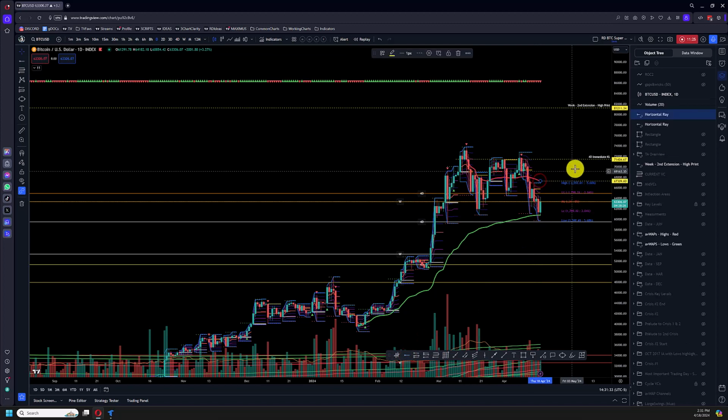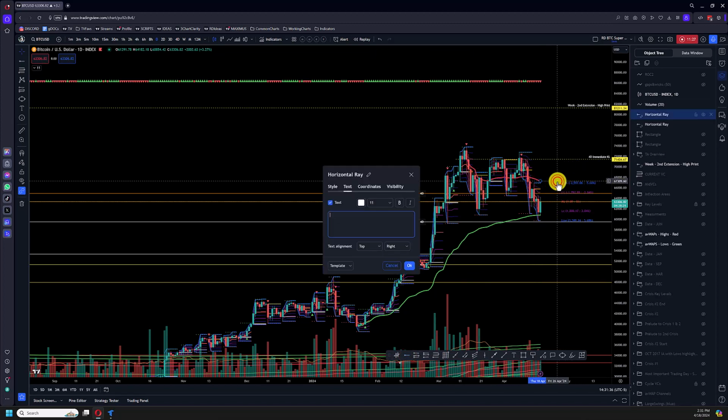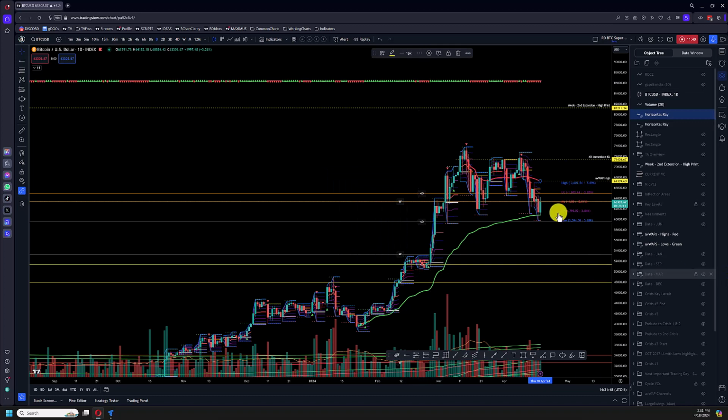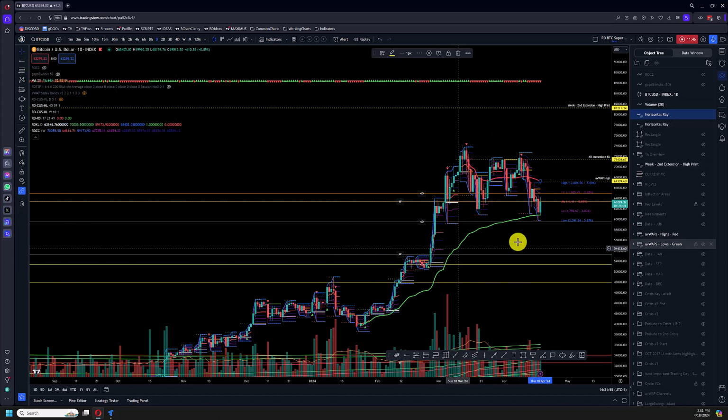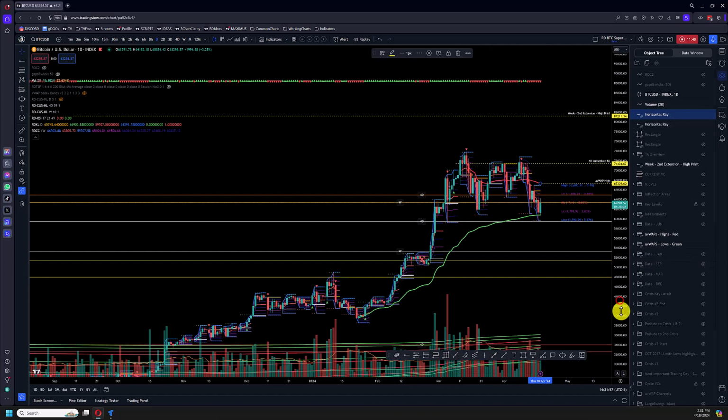So here, I'm going to put a time here, and we're going to put vWAP high, just so we know that that level's there. And let's see if we need to do the low. Let's see if we can just keep the... I don't like to keep all these on just because, once again, it busies up the chart.